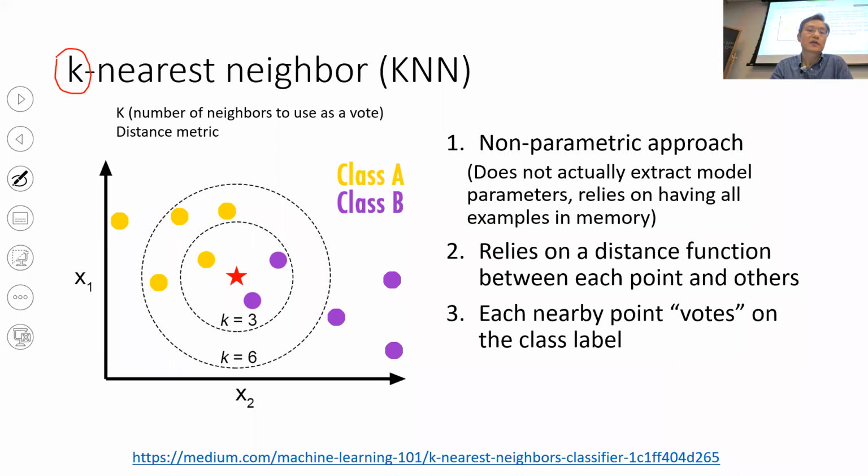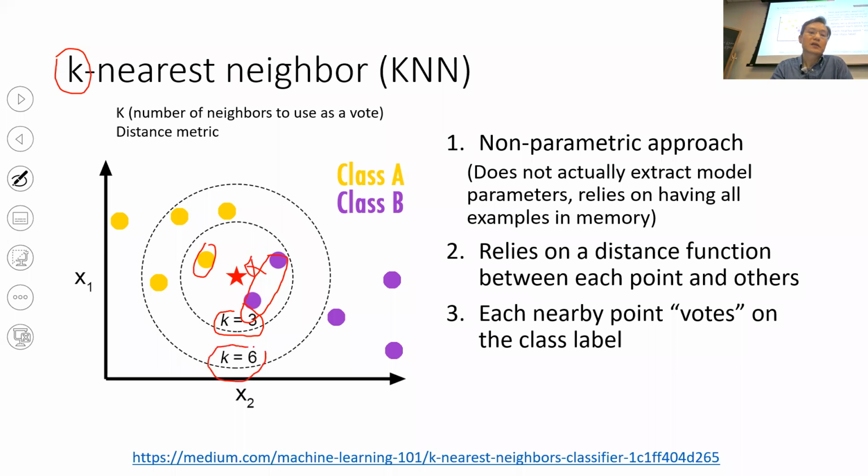If you decide to consider only 3, then you look at this region, count 3 neighbors. Within the 3 neighbors, you have 2 purple and 1 yellow. So you will assign this new data point as the purple class. You vote by the majority.